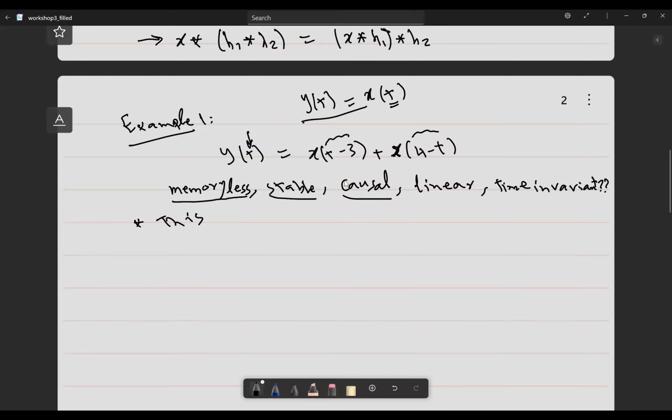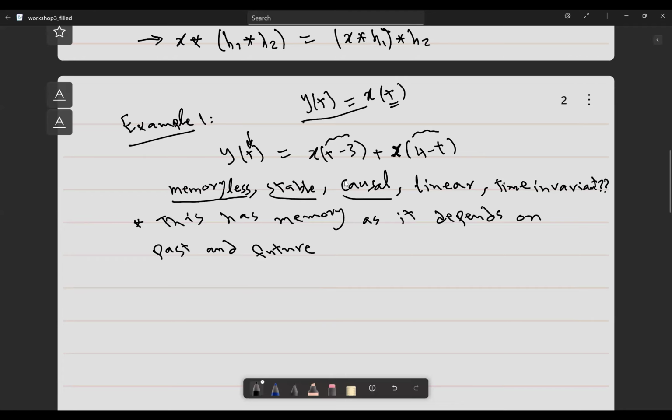This system has memory, as it depends on past and future inputs. So in order for a system to be memoryless, it should depend only on the current input, not the future and not the past.